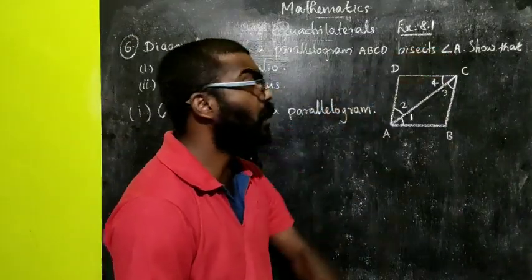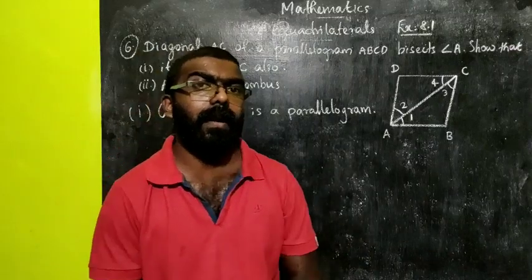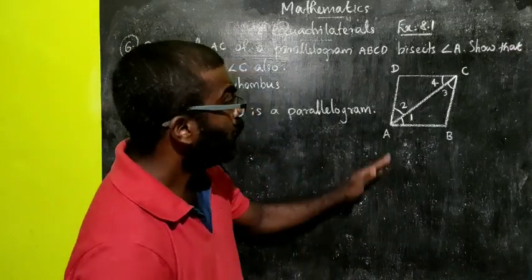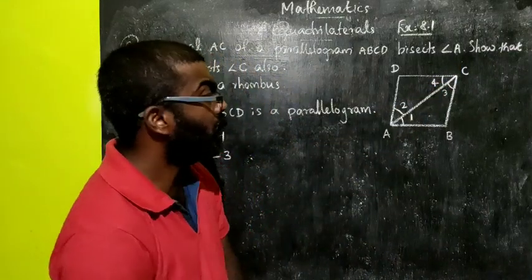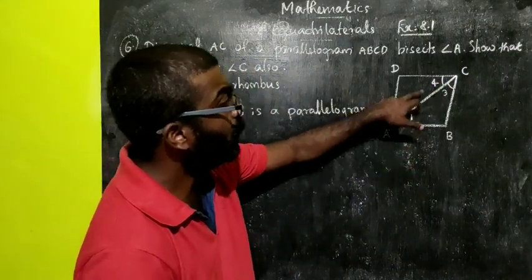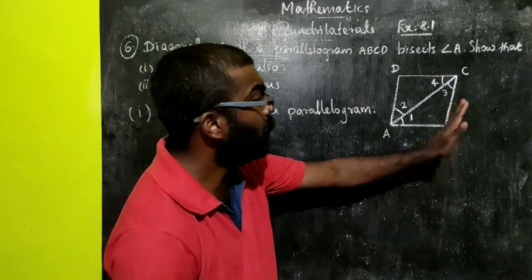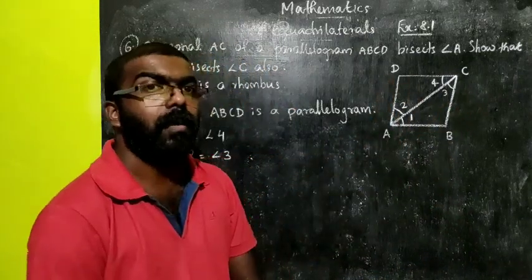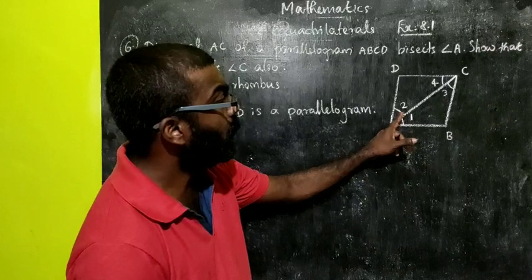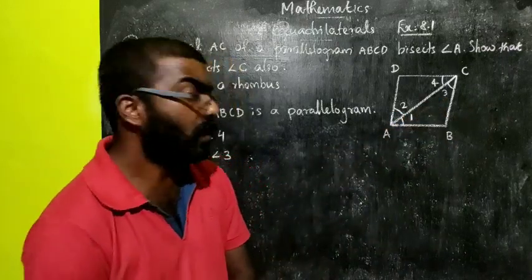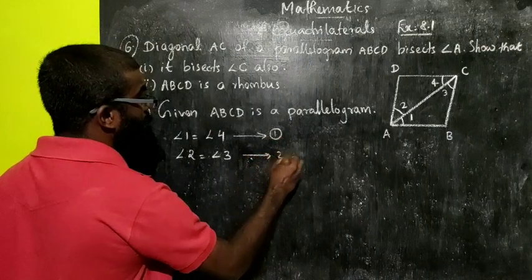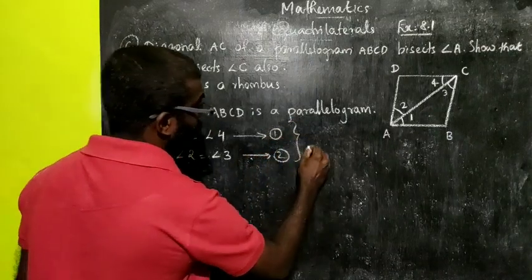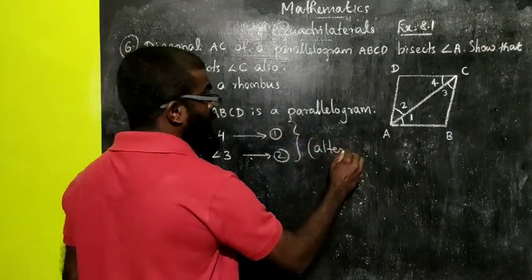In a parallelogram, opposite sides are equal and parallel. And we can consider this diagonal AC as a transversal. So what we can conclude? Angle 1 equal to angle 4. At the same time BC and AD are also parallel. So we can say angle 2 equal to angle 3. So this can be taken as equation 1 and equation 2. Reason alternate interior angles.